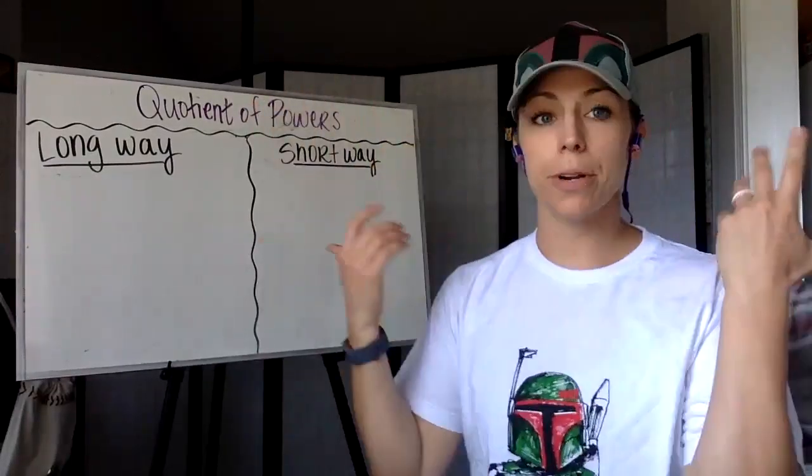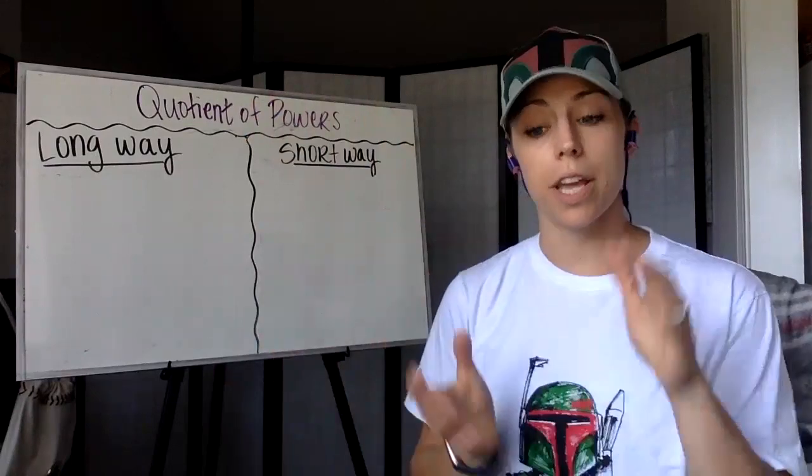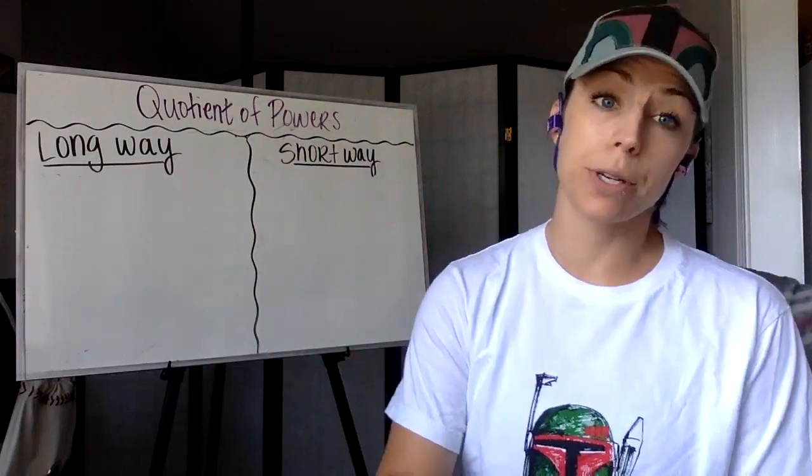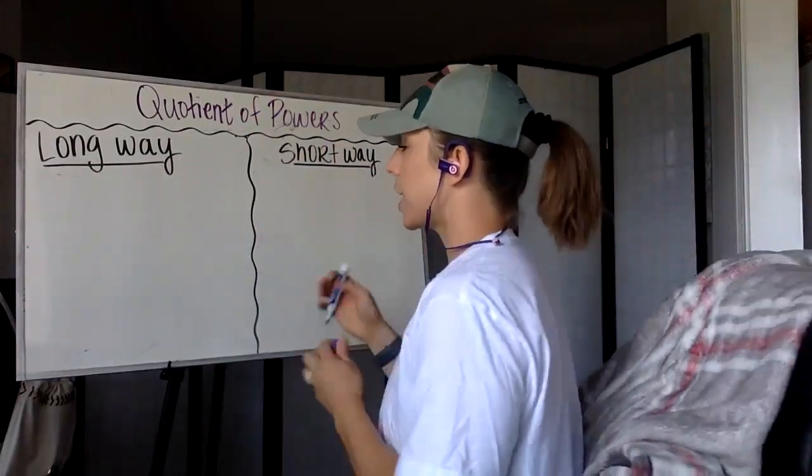So again, the property is telling us what we're looking at. We're looking at a quotient, and in the numerator and denominator, you're going to be seeing powers. So let's take a look here.